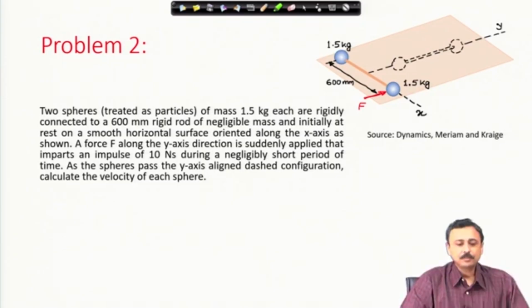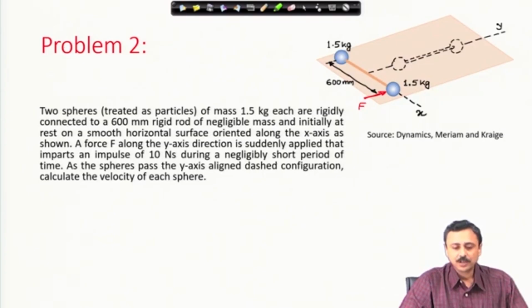Let us look at another problem, again taken from the book of Meriam and Kraige. Two spheres, which are to be treated as particles of mass 1.5 kilogram each, are rigidly connected to a 600 millimeter rigid rod of negligible mass and initially at rest on a smooth horizontal surface, oriented along the x axis as shown.